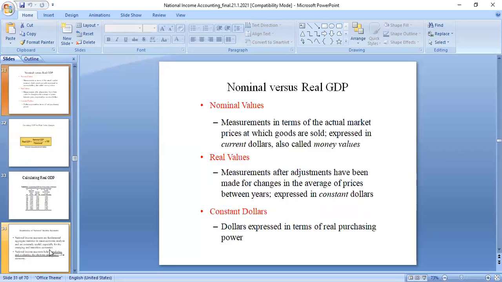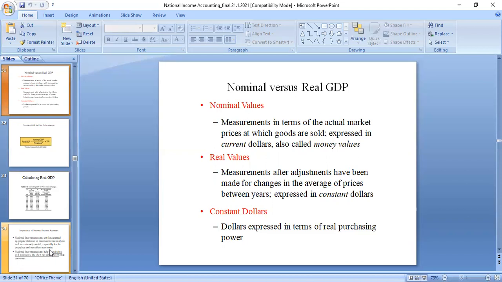So let's look at nominal value versus real GDP. With the nominal value, we are basically looking at GDP as actual market prices of goods that are sold, the monetary value, but at market prices. Are we together?